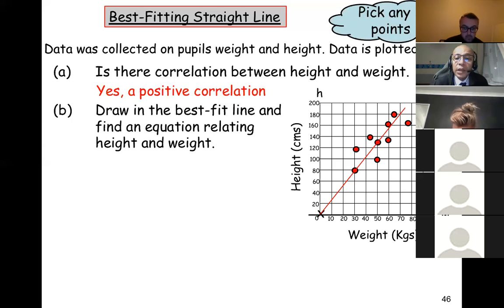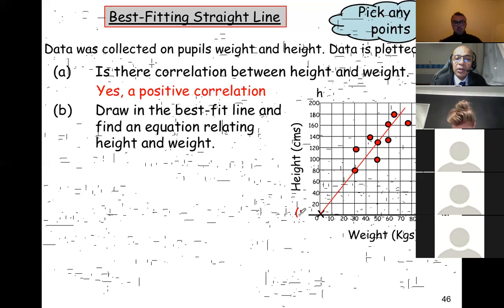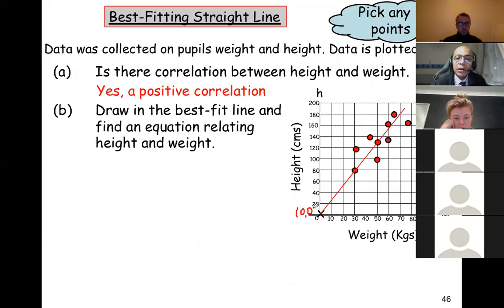The first point picked here is the easiest point you can find with any line, the point 0, 0, because our line passes through 0, 0. The next one is another point where you've got 180 for the height and 70 kilos. So you would write 70, 180, because we always put X first and Y second.